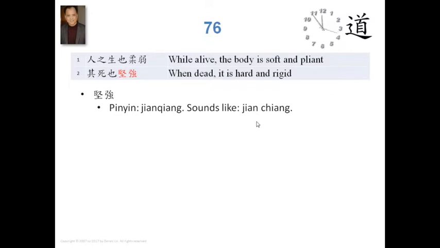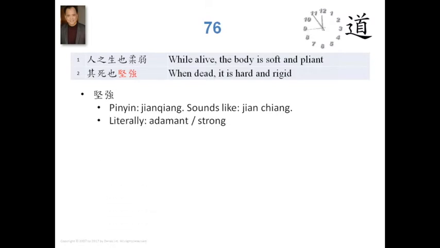So what it really sounds like is more this way, 坚强. So the Q is always going to be a CH. Sort of in a similar way, like when you see the letter C in Italian, you know it's always going to be pronounced like CH.